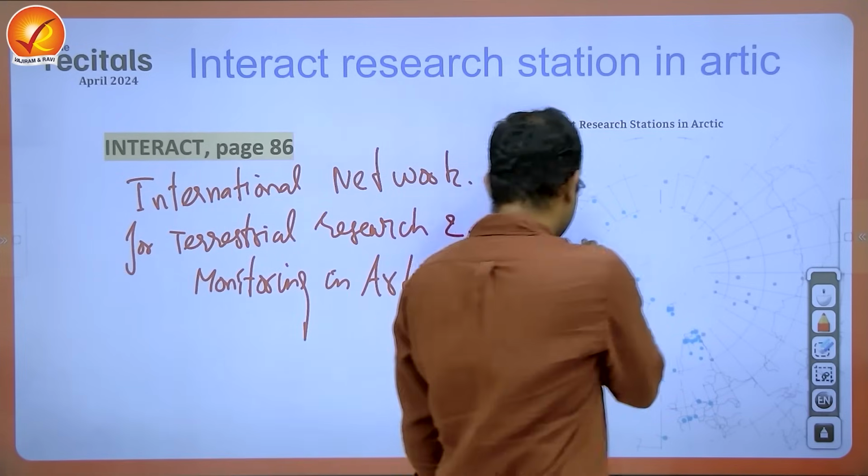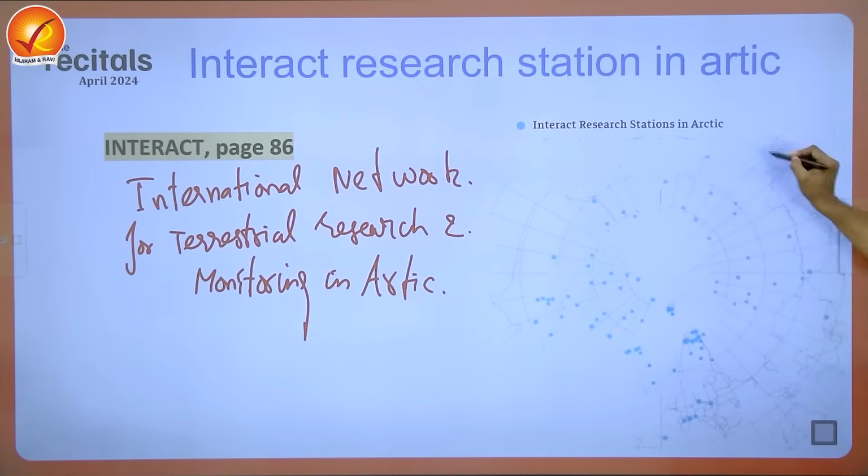The blue dots that you can see in these images will indicate the INTRACT research field bases.